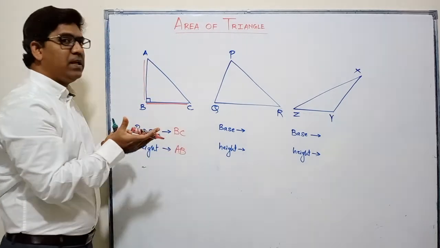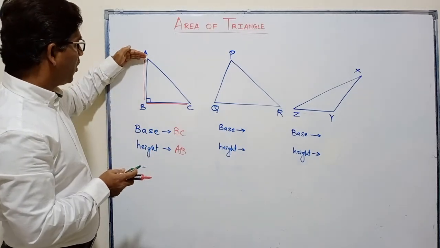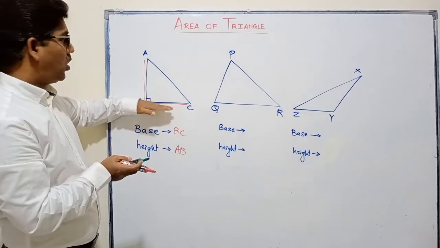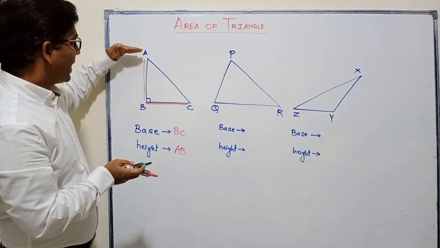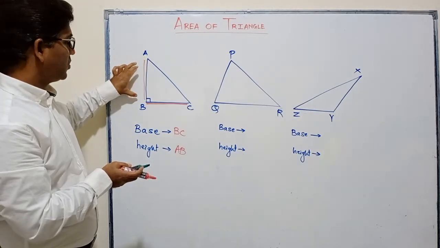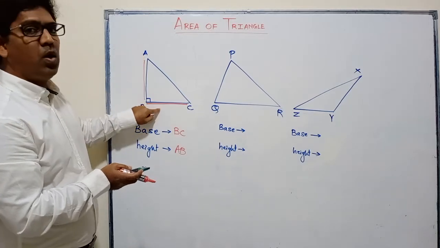Height is basically the perpendicular distance of point A. How far is point A from side BC, or what is the maximum height of the triangle? So we always take the perpendicular distance. So height is always the perpendicular distance of point A from the opposite side.